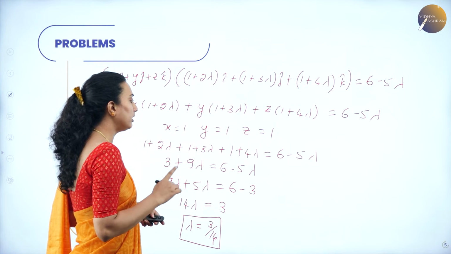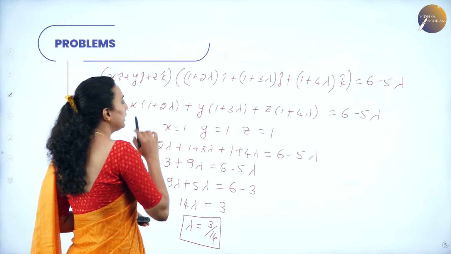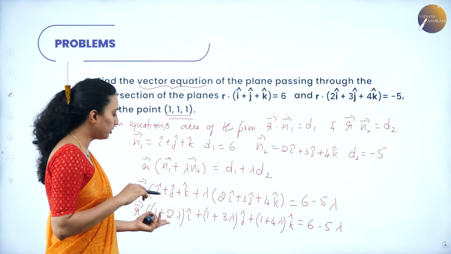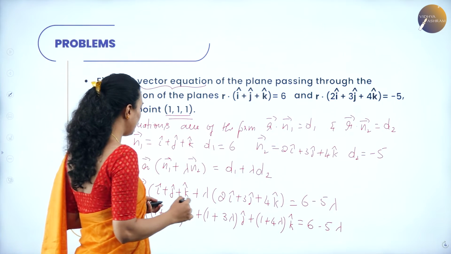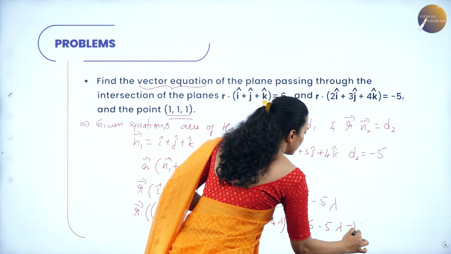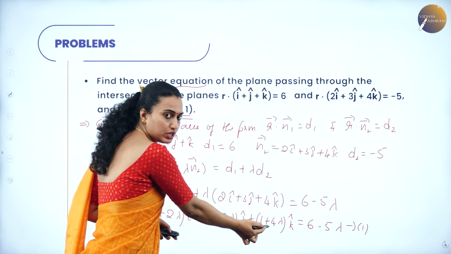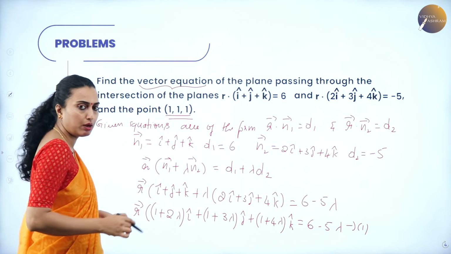Now, substituting that lambda value in the equation. Let me call this equation 1. So, substituting the lambda value in equation 1. I have called this equation 1 because I want to substitute the lambda value.